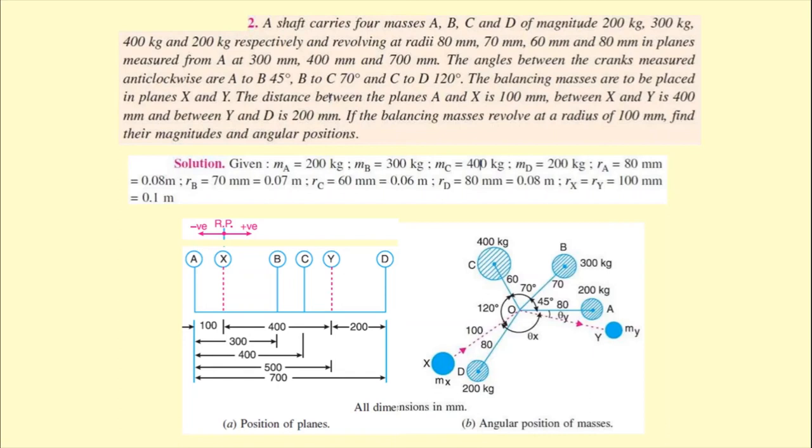So everything has been converted in terms of meter, while the radius of rotation of the balancing masses is given as 100 mm. Now in this problem they are asking to find out the location and the magnitude of the balancing mass. So first we have to draw properly, using a suitable scale, the position of the planes and the space diagram, that is the angular position of the masses accordingly.